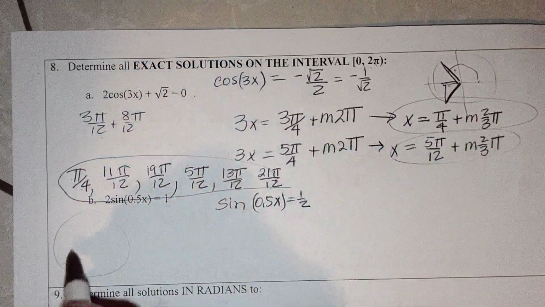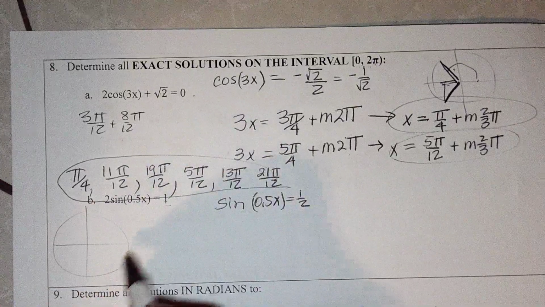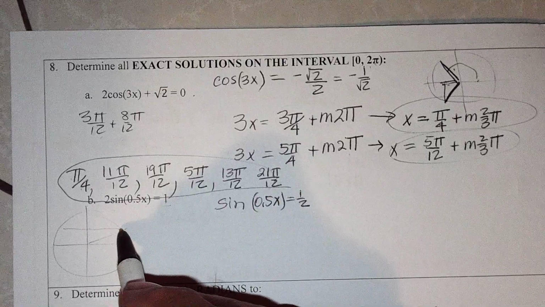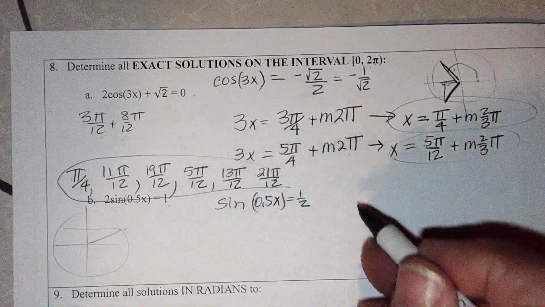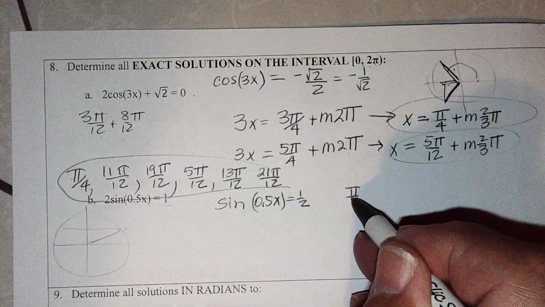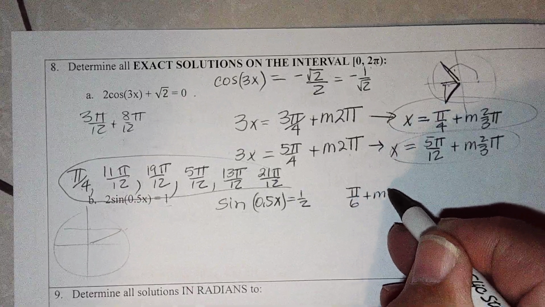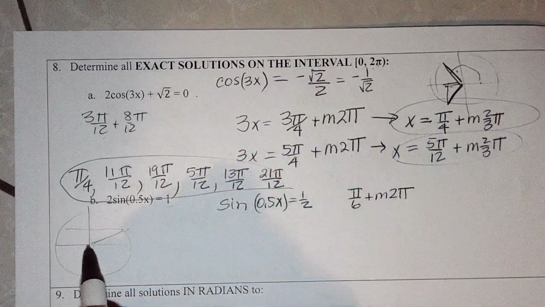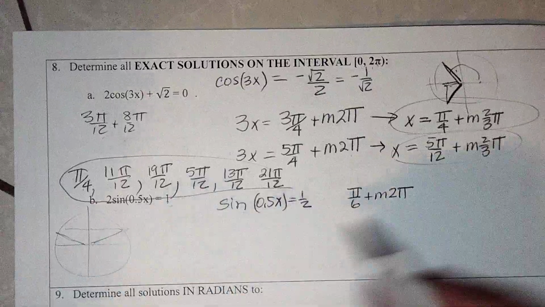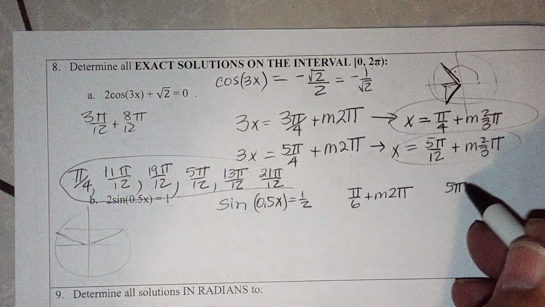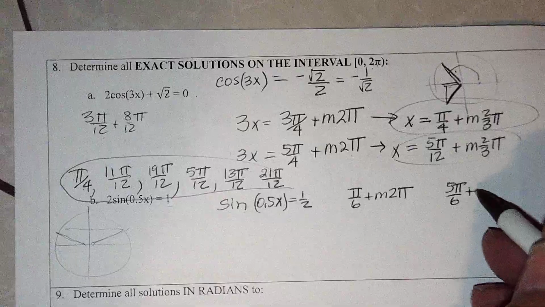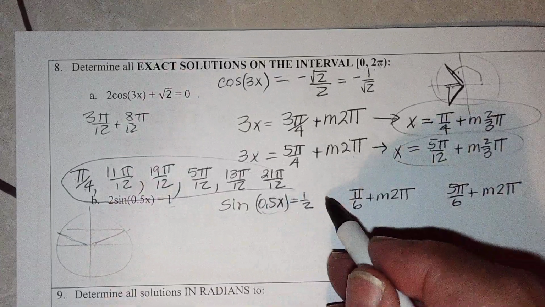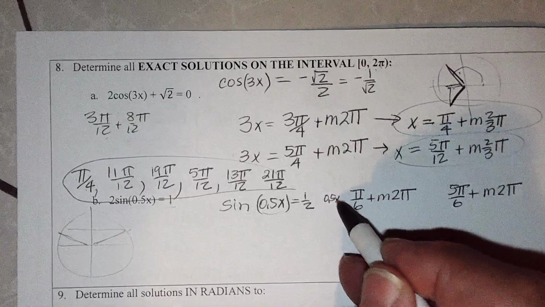If I think of my unit circle, and the y value is plus 1/2, that happens at pi over 6 plus multiples of 2 pi. And it also happens here where it's a half, which is 5 pi over 6 plus multiples of 2 pi. And that's what the 0.5x has to equal.